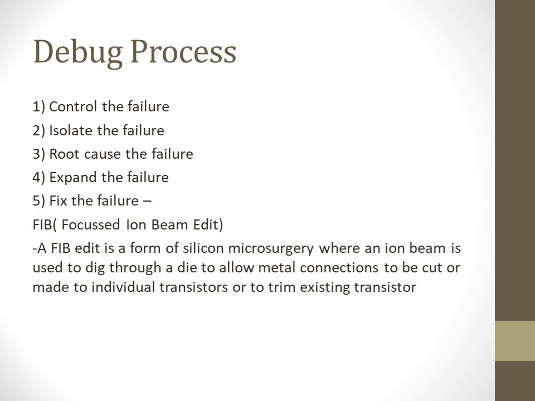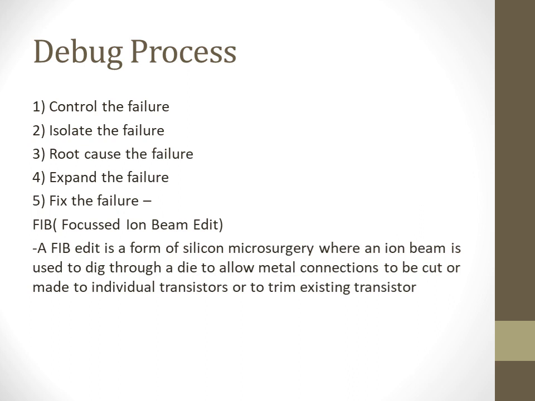Fixing the failure can be done through focused ion beam edit, or FIB. FIB edit is a form of silicon microsurgery where an ion beam is used to dig through a die to allow metal connections to be cut or made to individual transistors or to trim existing transistors.